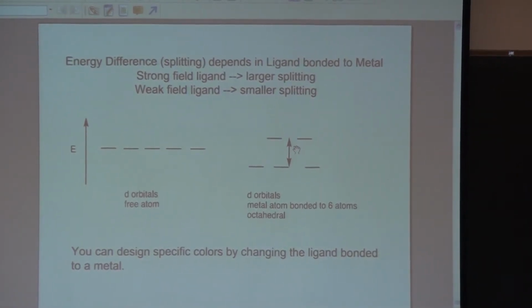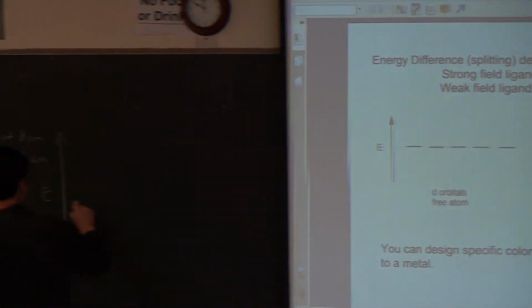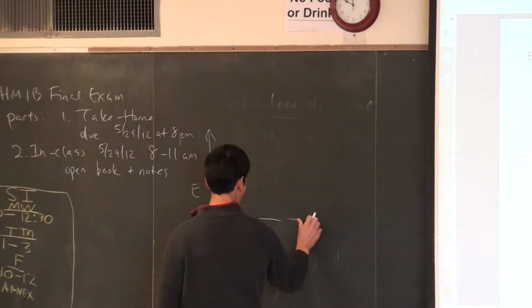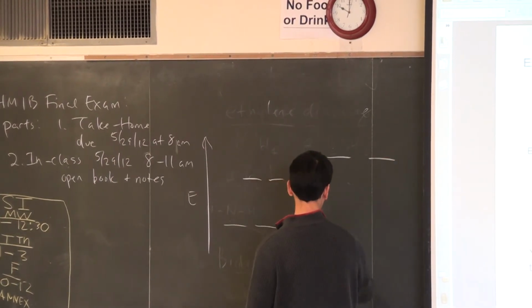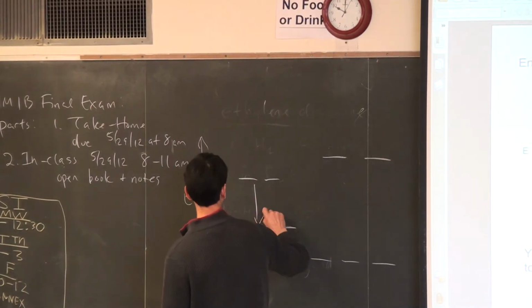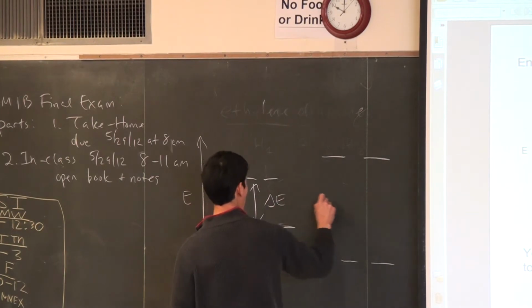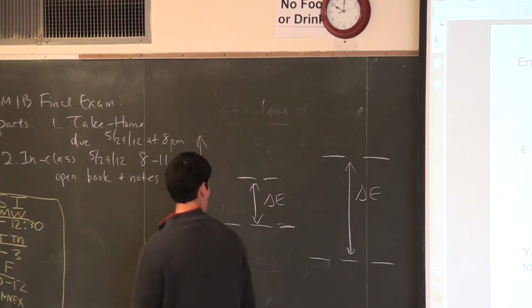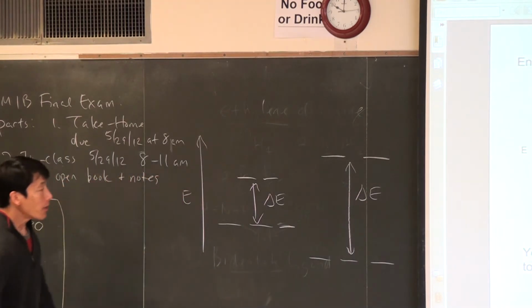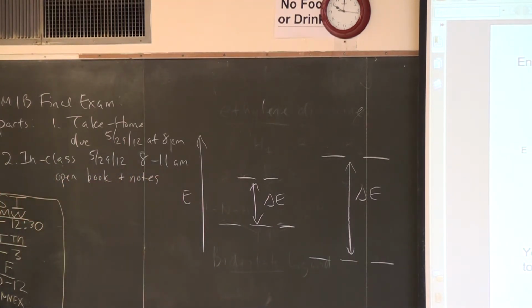So let's compare two compounds. Note that the difference in energy is different. That difference in energy is going to depend on the atom or groups of atoms bonded to the metal. How is that going to affect color?